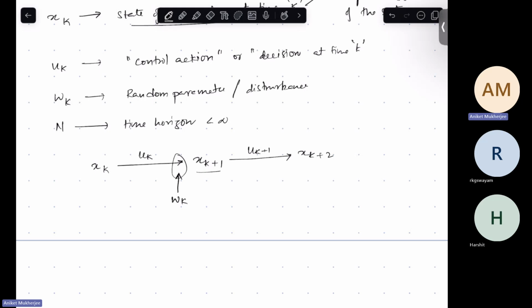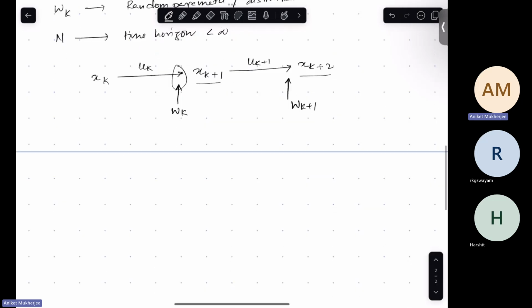Similarly, once you have xk plus 1, you take the action uk plus 1. After that, the system gives some disturbance wk plus 1, and based on these three, it evolves to xk plus 2. So your xk plus 1, the future state, is some function of xk comma uk comma wk.